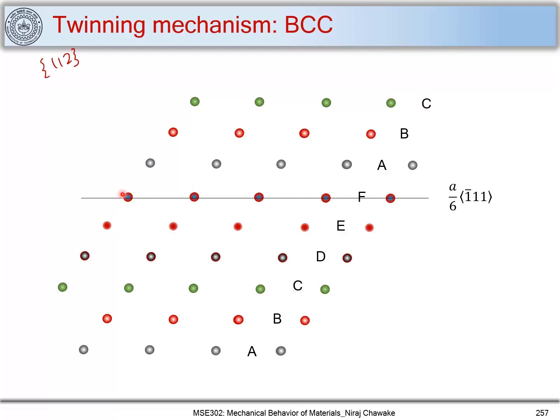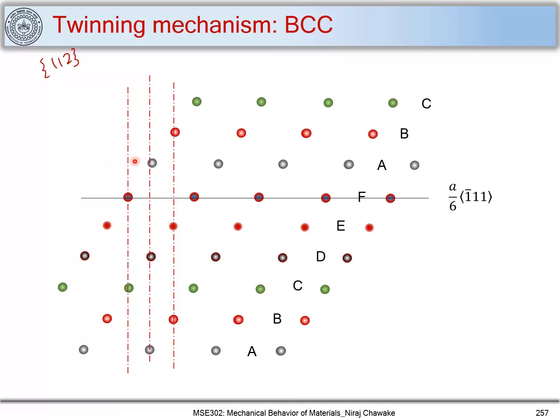Now let's consider this plane, and we move it by a/6 [-1 1 1] direction. Let's mark these planes first and see how the twinning mechanism is different in case of BCC as compared to FCC. Now let's move these atoms over here.